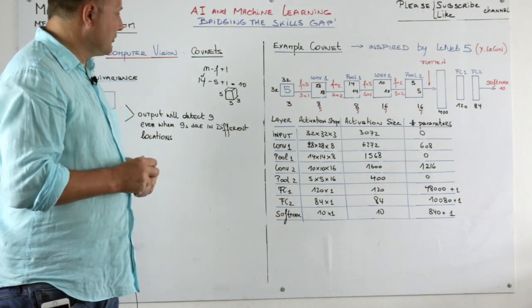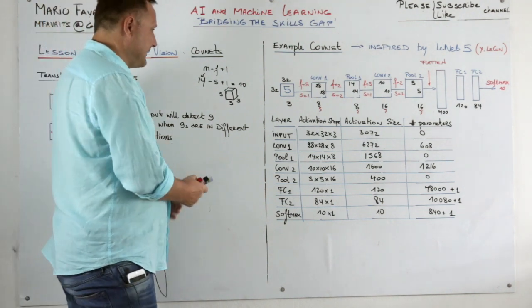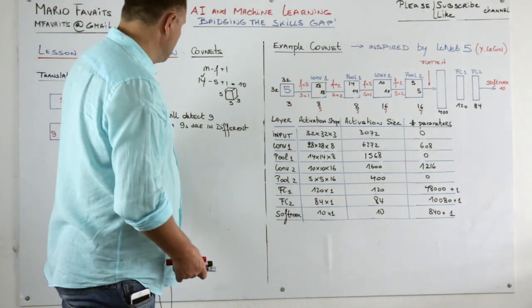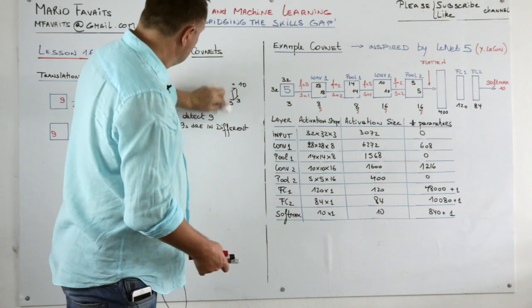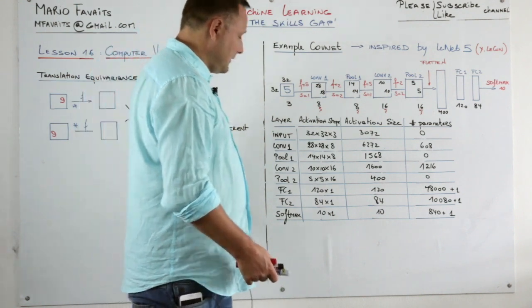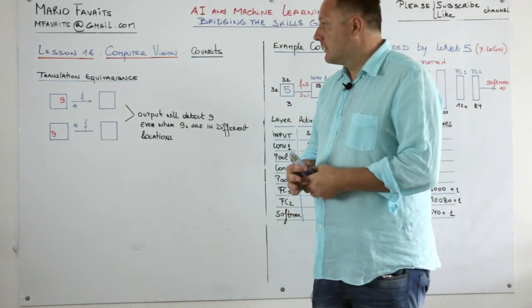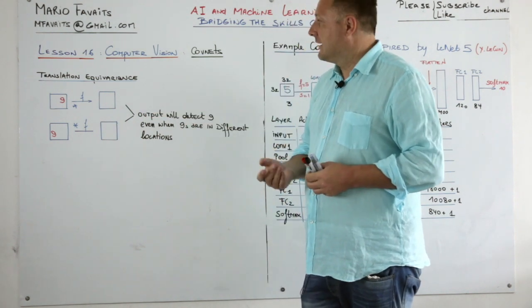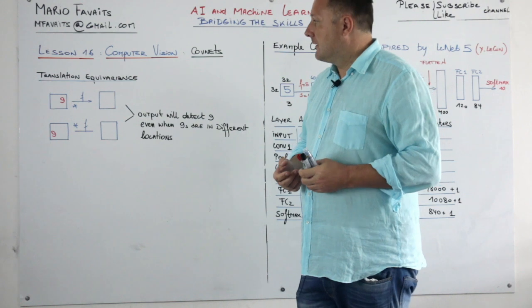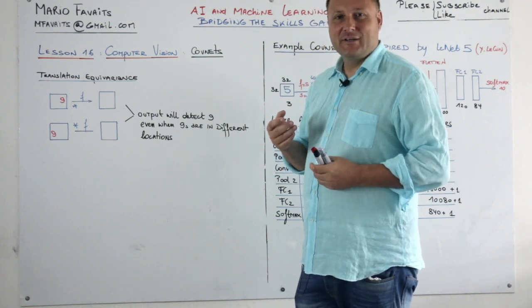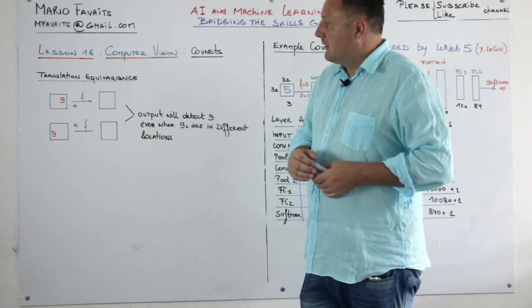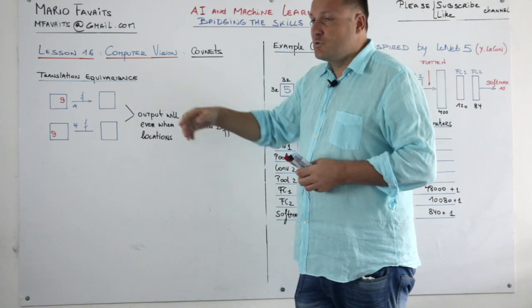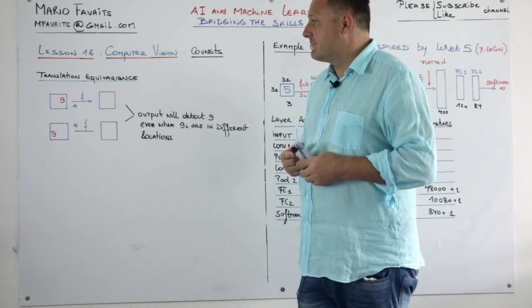All right, one more thing about ConvNets, and let me take this off here. You will hear the term translation equivariance or translation invariant. Basically, the true term is translation equivariance.